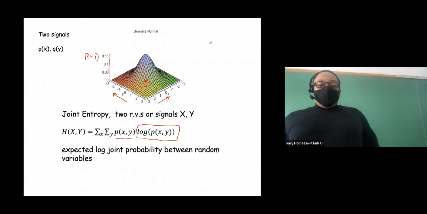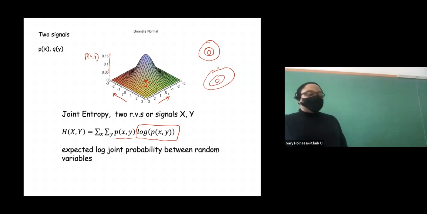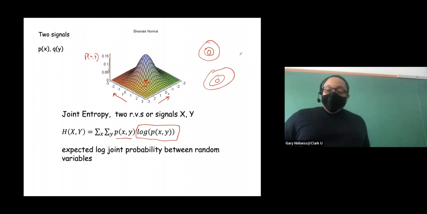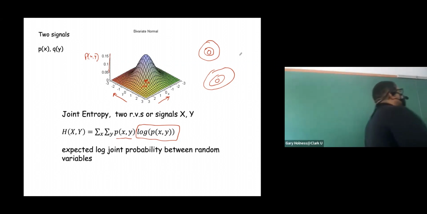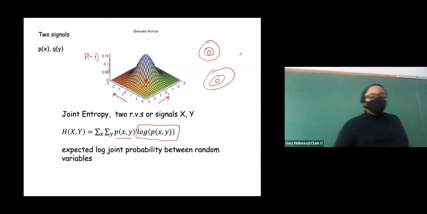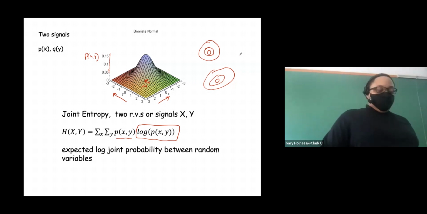If you had something that's circular, looking from up above, it's going to look like concentric circles. If you had a covariance that was positive, it's going to look like an ellipse that's oriented in some fashion, the major and minor axis. Does that make sense? Okay. And so this joint entropy talks about the average number of bits or the disorder when your system is governed by a probability that's vector valued, that's different from the single variate case.